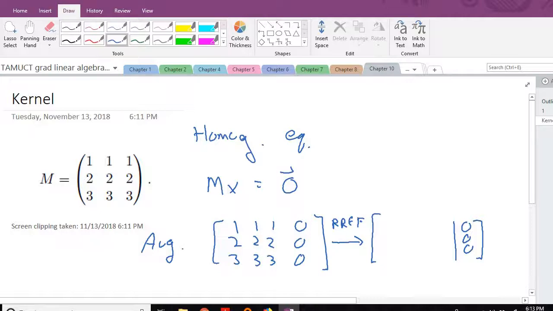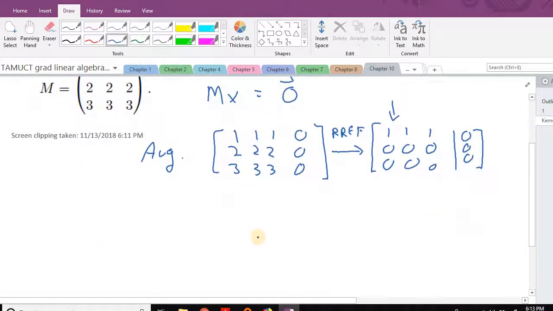Very good. So, what about the top row? Can you reduce that any further? No, you can't. Once you ditch everything else, it's just that. That's right, because it's got a leading 1, and it has one pivot column here. All right. So we're done with the row reduce.